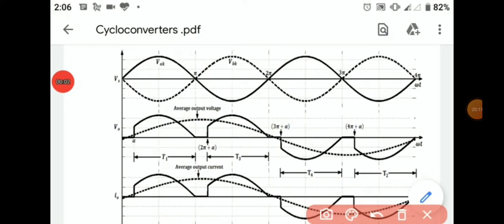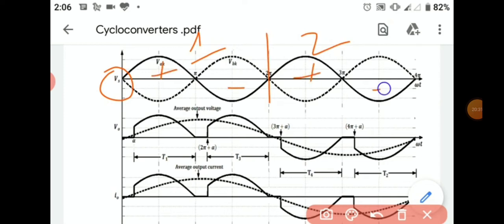This is the waveform of step down type cycloconverter. In this waveform, we can see that Vs is the input waveform having number of cycles equal to 2 in a given time interval, having alternate positive and negative pulses. If we want to reduce the input frequency, that is to step down the input frequency, we just have to reduce the number of cycles.